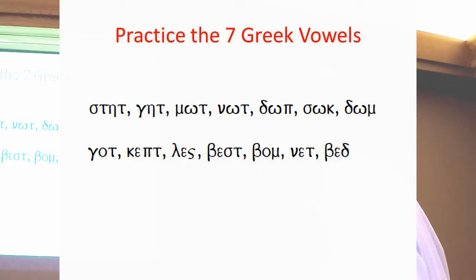What's the first? Give me the letters. Sigma. Ta. Eta. Ta. What is it? State. Give me the letters. Gamma. Eta. Ta. G. A. What's the word? Gate.